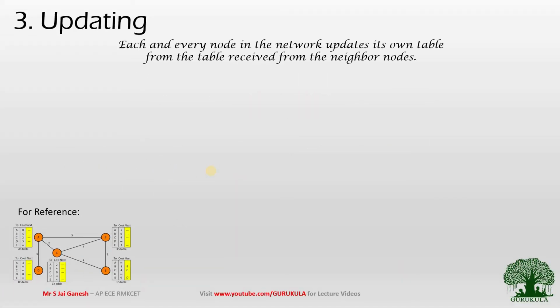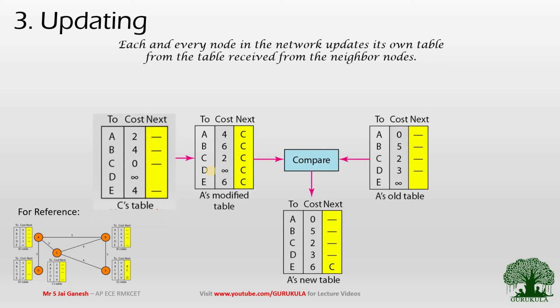Here each and every node in the network updates its own table from the table received from the neighboring nodes. In our example, we will look at how A modifies its table based on the information received from C. Just for reference, this is the initialization table that A has received from C. C has sent its initialization table to A, and now we will see how A is updating its table.